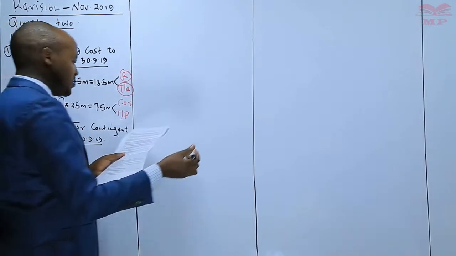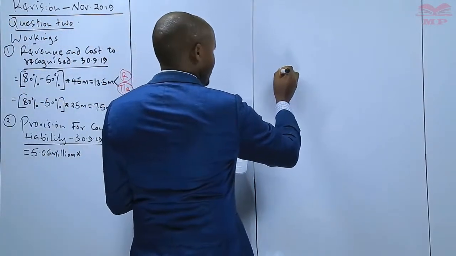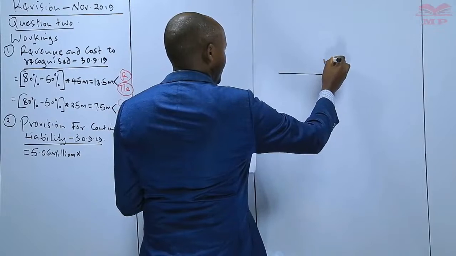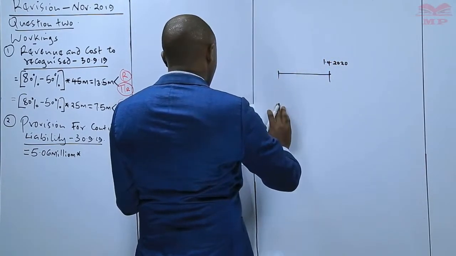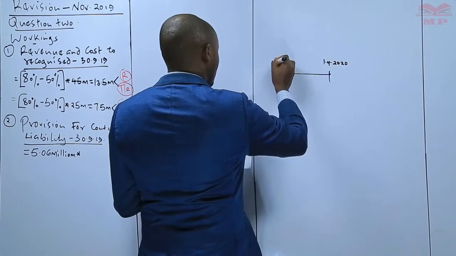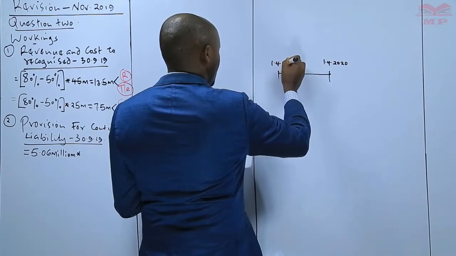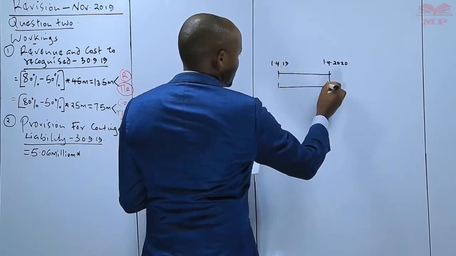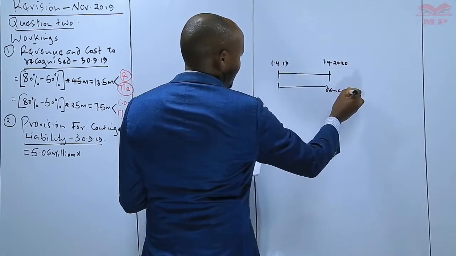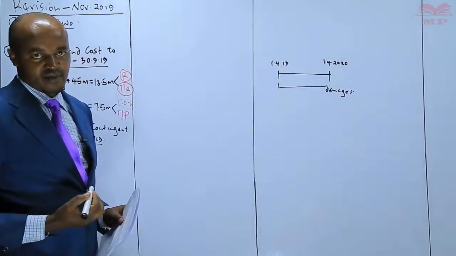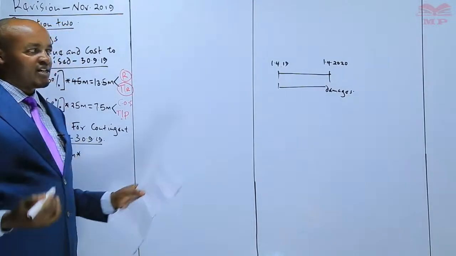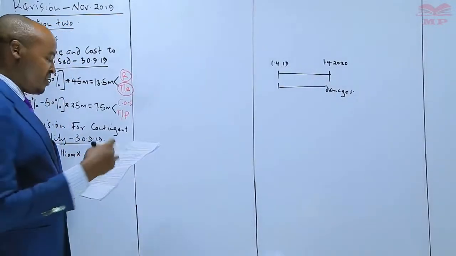And we are told that the legal case was instituted on 1st of April 2019. So what that means is that these damages will be required to be paid by the company in 1 year's time.